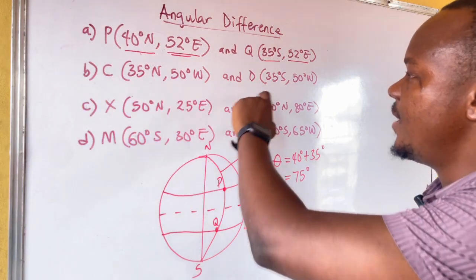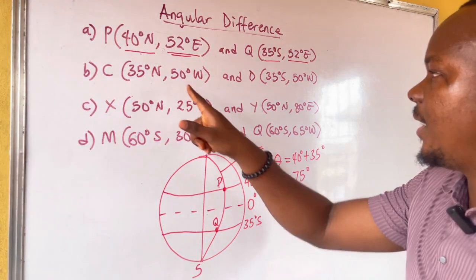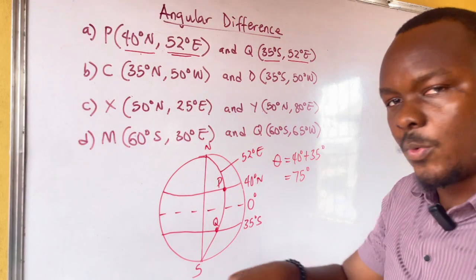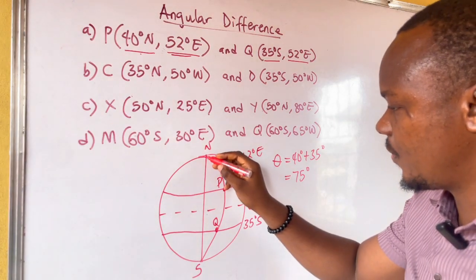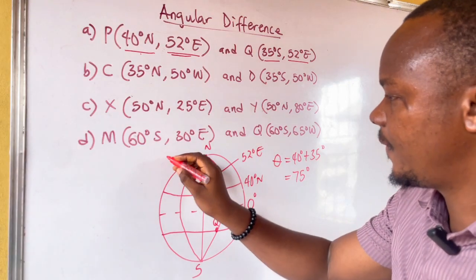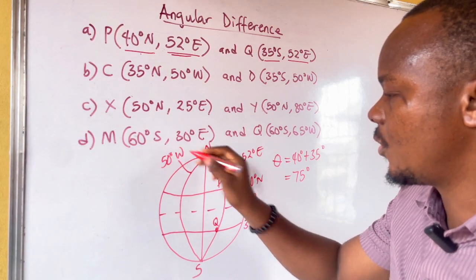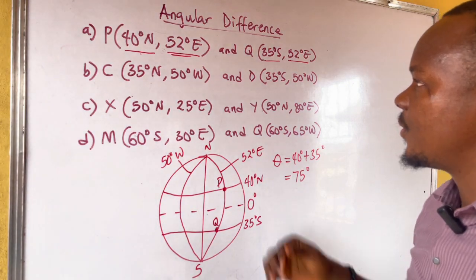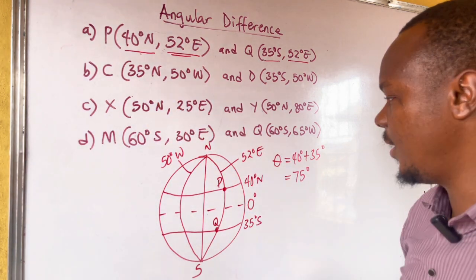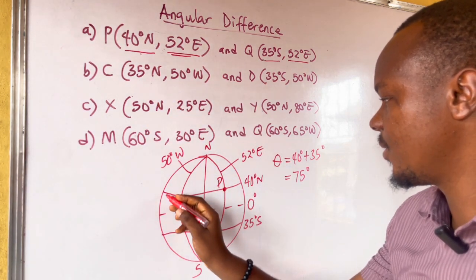Let's look at C and D. So here again, they have the same longitude, but this time is on the west, so 50 degrees west. So you can draw it 50 degrees west. So this one is on 35 degrees north. So 35 degrees north is not here. Let me just draw 35 degrees north.